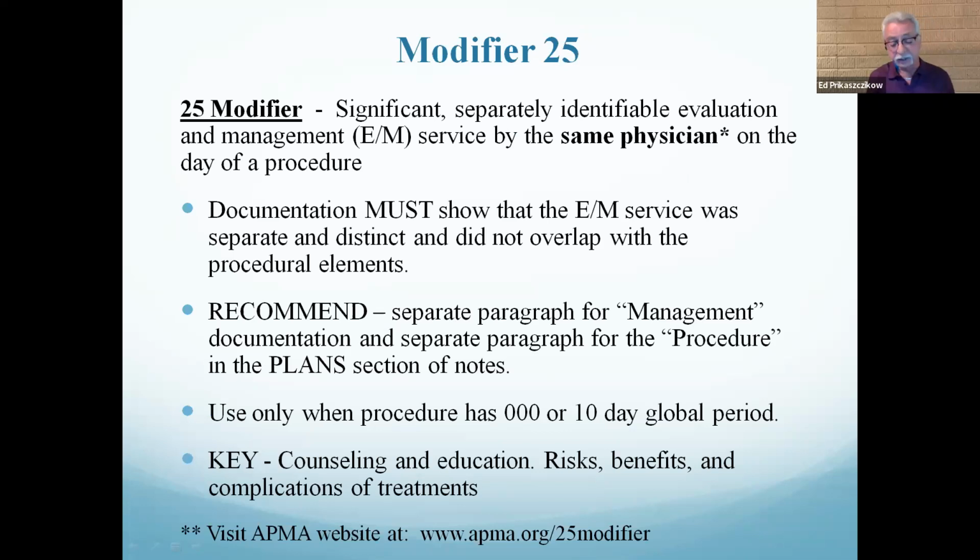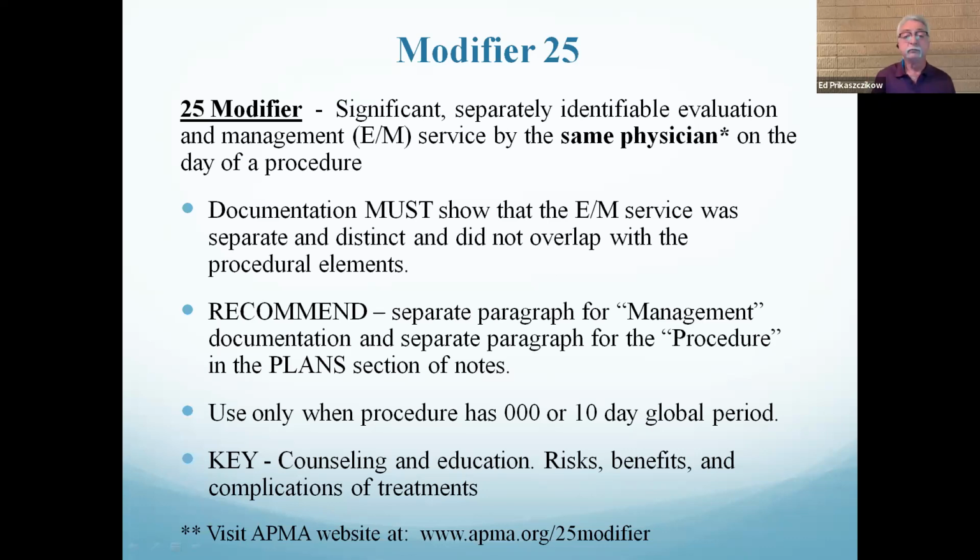Now, one of the big ones that we're all dealing with is the 25 modifier. This one, along with 59, probably gives us the biggest headaches in the medical world as far as modifiers are concerned. And this is also very misunderstood. When I've reviewed charting on practices that have had claims denied with a 25 modifier, oftentimes what we see is that the documentation did not support the 25 modifier.